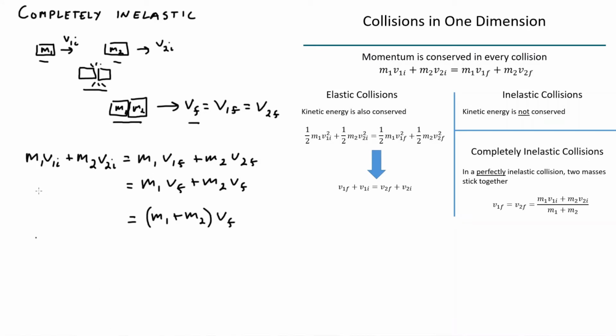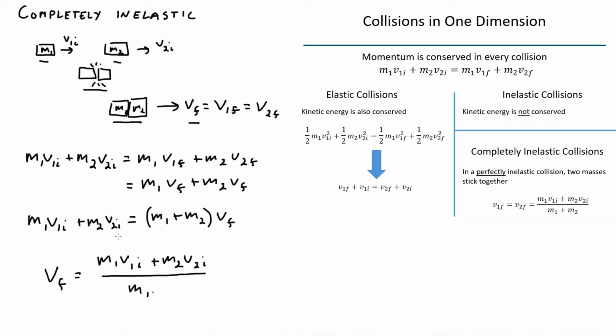I can just factor out m1 plus m2. So on the left side here, I have m1 v1 initial plus m2 v2 initial. And I can solve this for v final, and I find that v final equals m1 v1 initial plus m2 v2 initial over m1 plus m2.